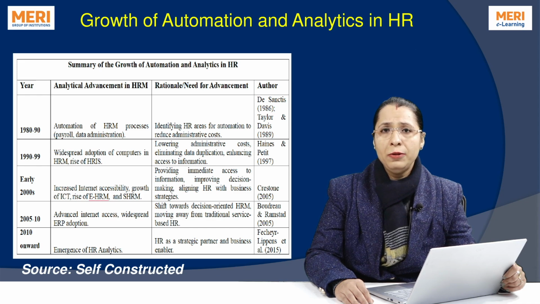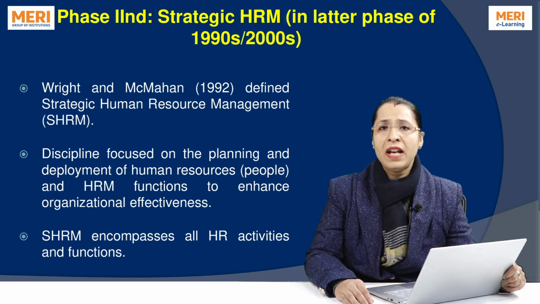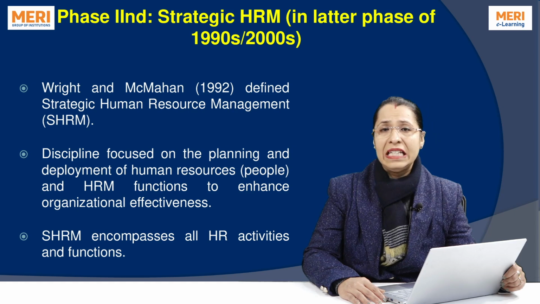We further look into the second phase, that is the strategic HRM, which started in the 1990s to 2000. Over the past century, human resource management has undergone a significant transformation, evolving from an operational function to a more strategic discipline. This shift is exemplified by the increasing prominence of the term strategic human resource management, known as SHRM.